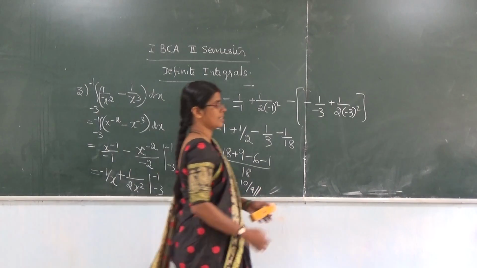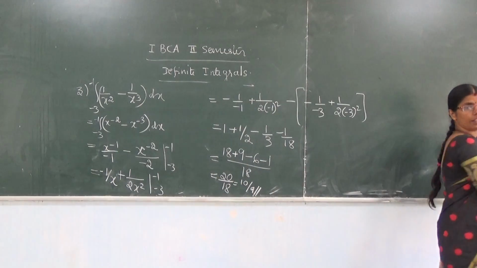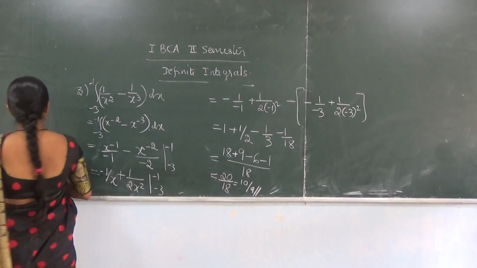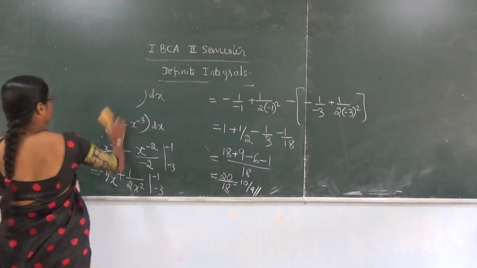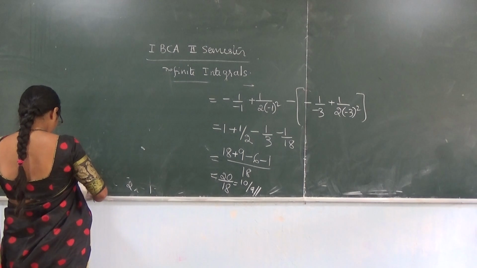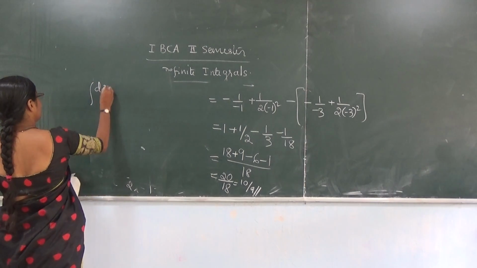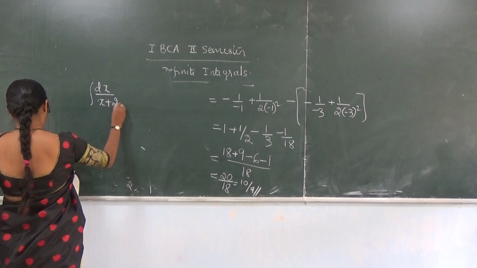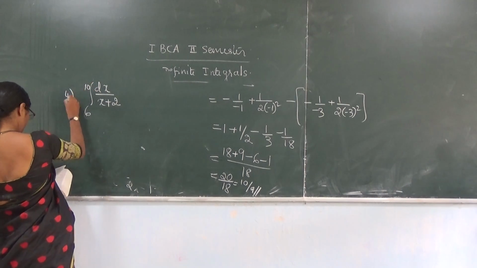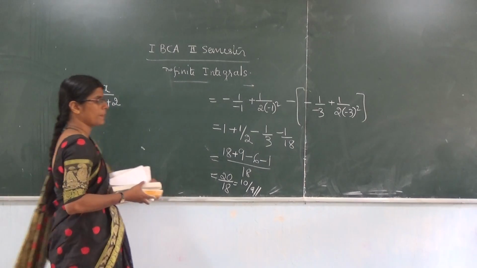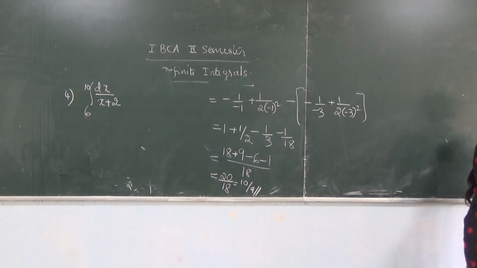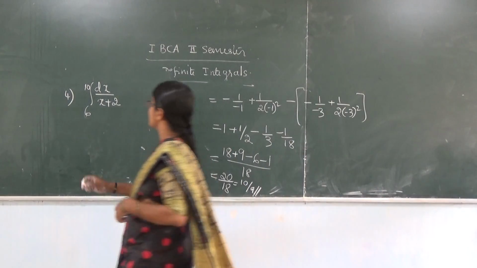Okay, this is the next problem. We have to consider another problem here. The problem is the integration of 1 by x plus 2 with respect to x from 6 to 10.